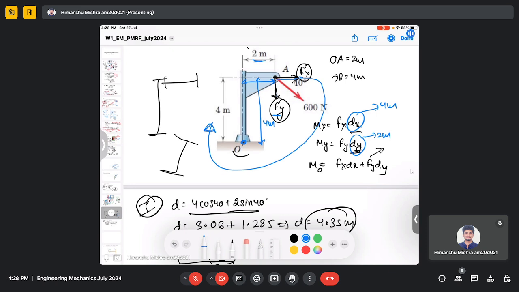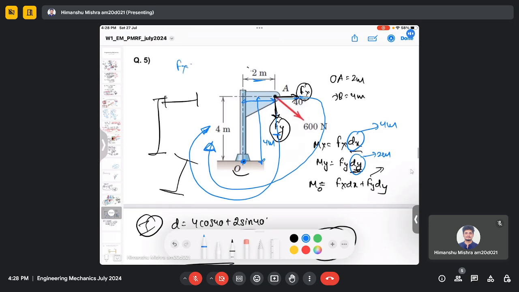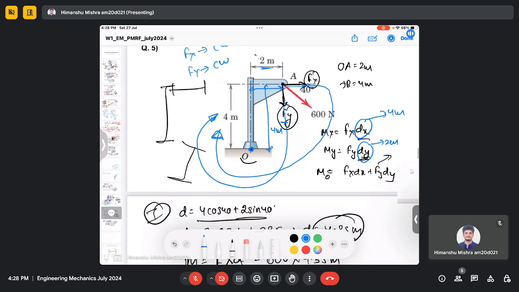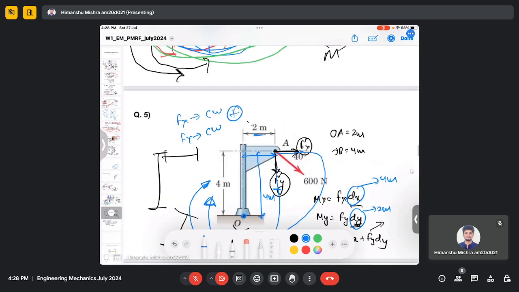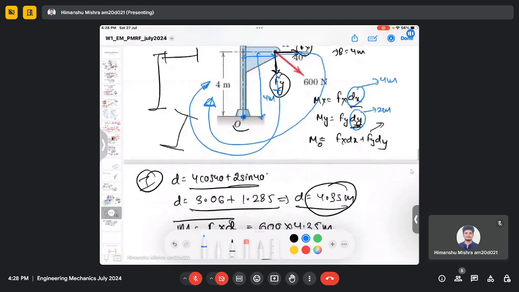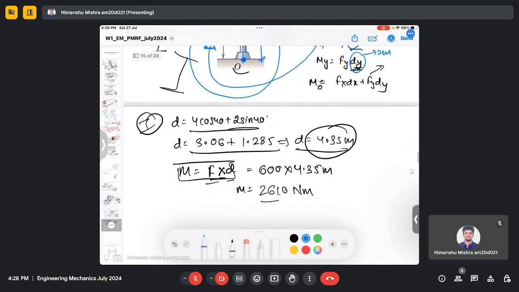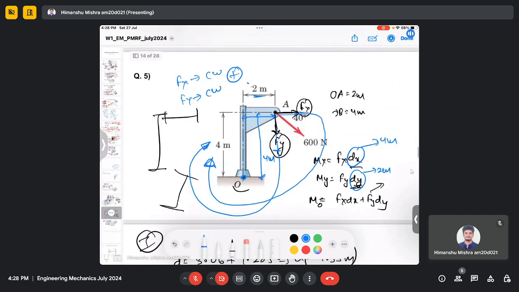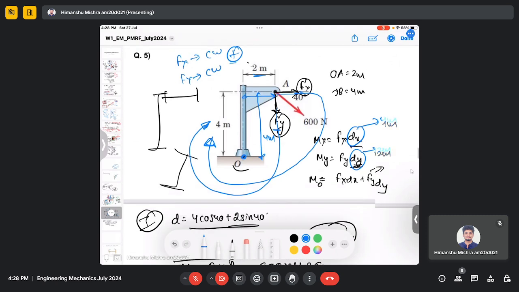So this is clockwise direction about point O. And similarly force Fy going like this, again in the clockwise direction about point O. So the direction of the moment from force Fx is clockwise and from force Fy is clockwise. I can assign a clockwise moment as a positive moment. You can do negative or positive, anything you like. Here I am assigning the positive sign to the clockwise moment.